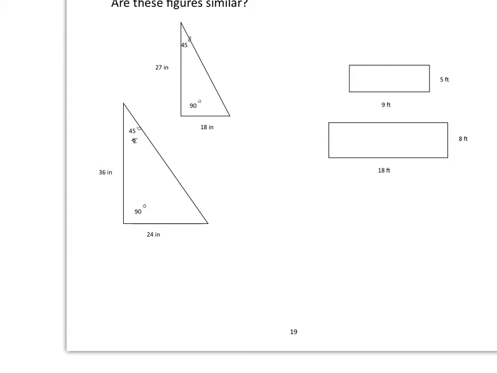All right, so now let's take a look at this. The first thing we're asked is, are these the same shape? Yes, they are the same shape because they're both triangles. Now, are our angles the same? Yes, corresponding angles are the same, and this is what we mean by that.